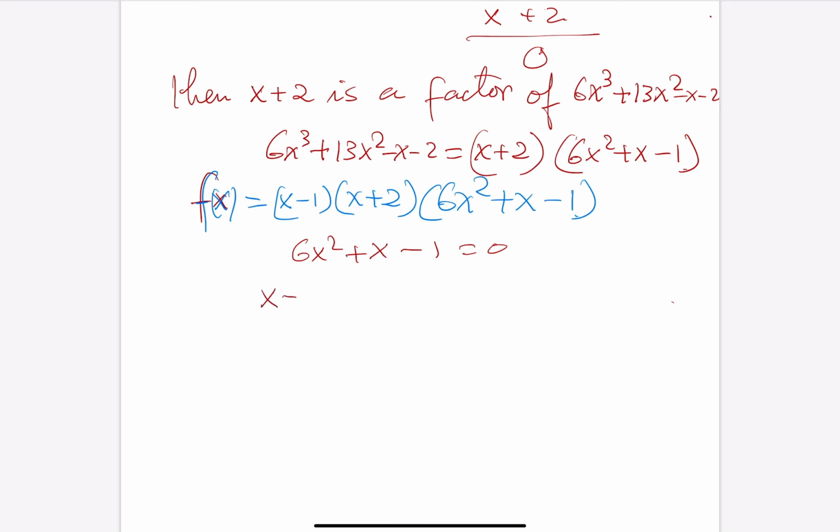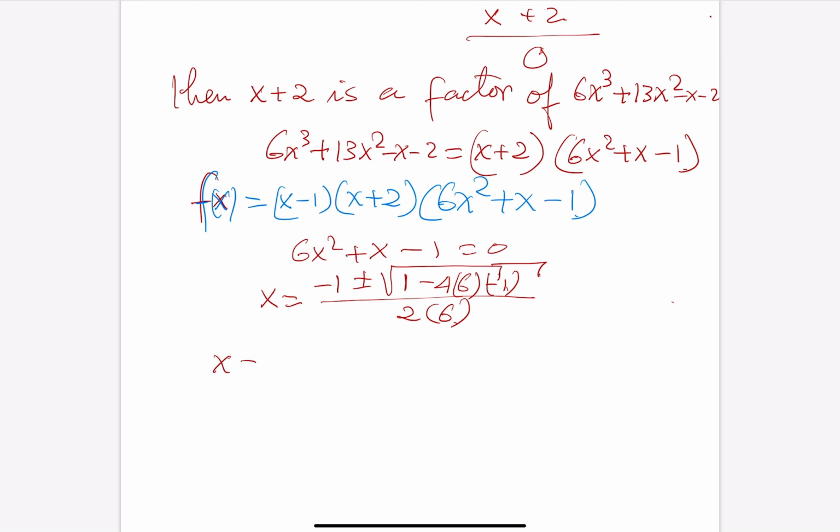So x is negative b, negative 1, plus or minus the square root of b squared, 1, minus 4ac, times negative 1, divided by 2 times 6. Got it?